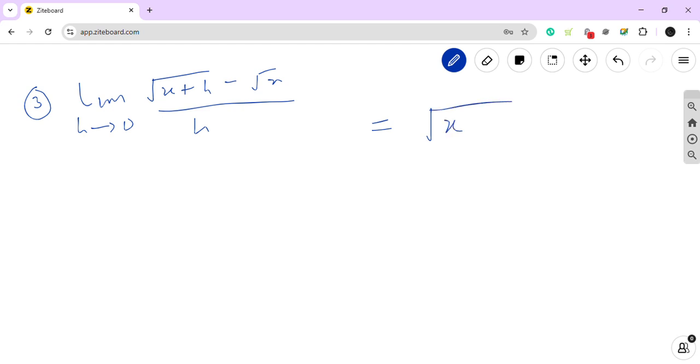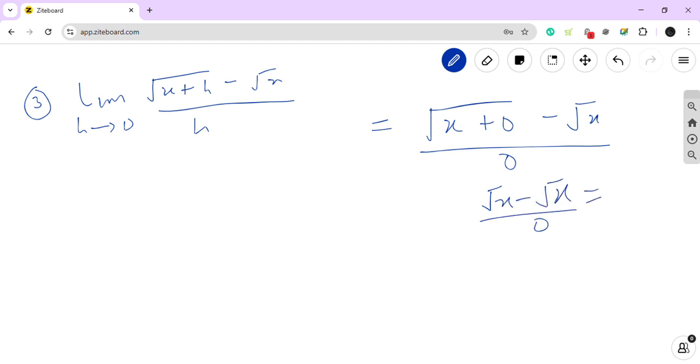So that will be root of x plus 0 minus root x, right? And our denominator h is now 0. That's root x minus root x over 0, and that will be 0 over 0.